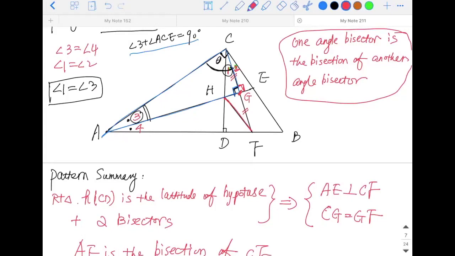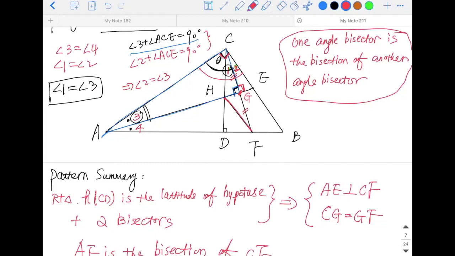And at the same time, this is a right triangle, so angle 2 plus ACE is also 90 degrees. So that being said, angle 2 is equal to angle 3. You guys follow me?